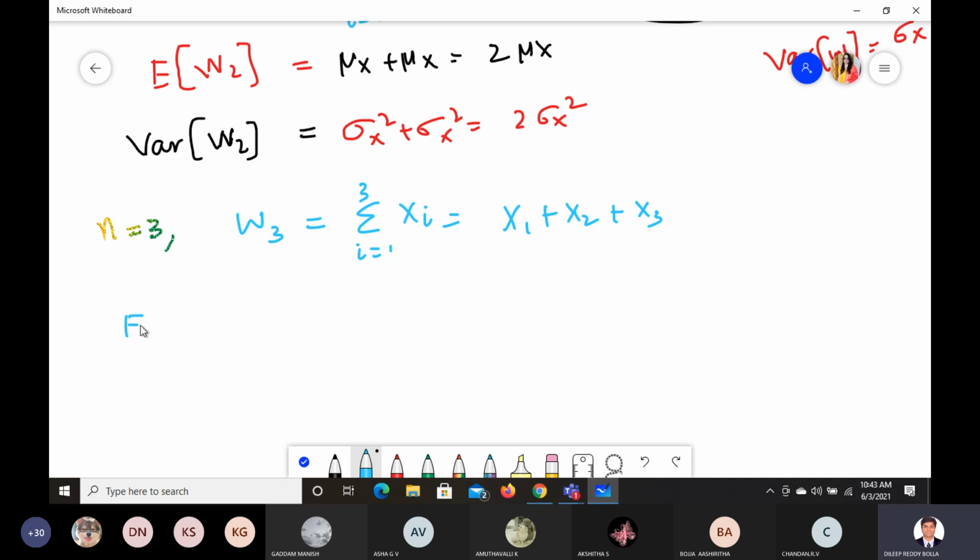Then what is the expectation of W3? Then what about the variance of W3? What is this?